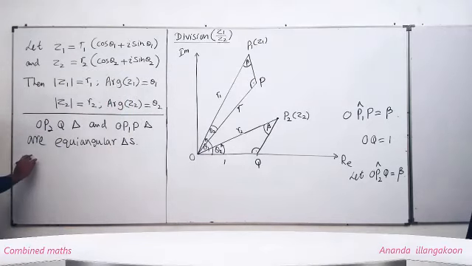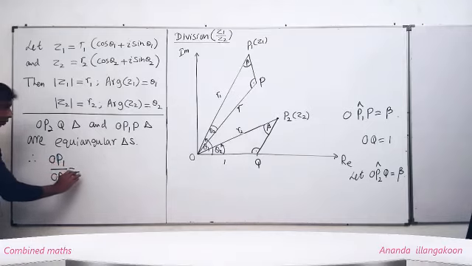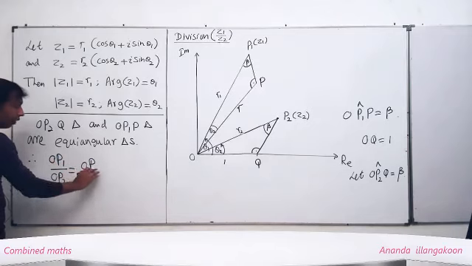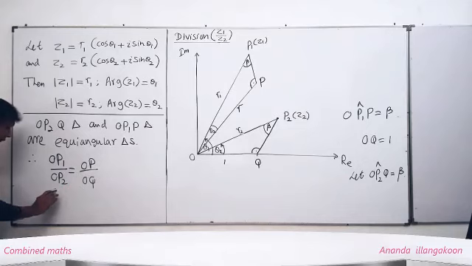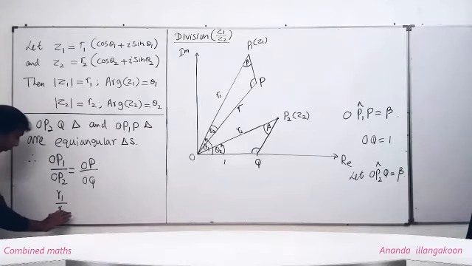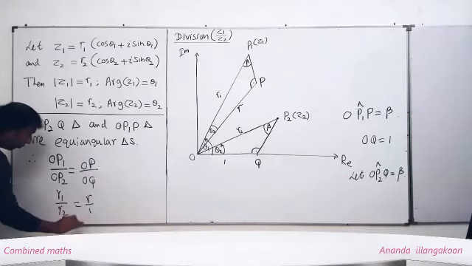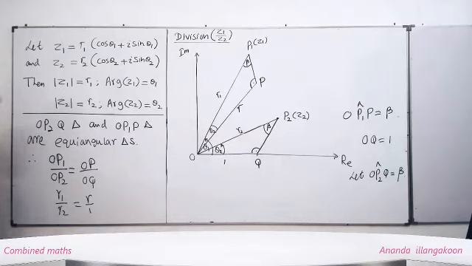Therefore, OP1 divided by OP2 equals OP divided by OQ. OP1, you know, is R1, OP2 is R2, OP is R, OQ is 1. Then this gives us what, people?